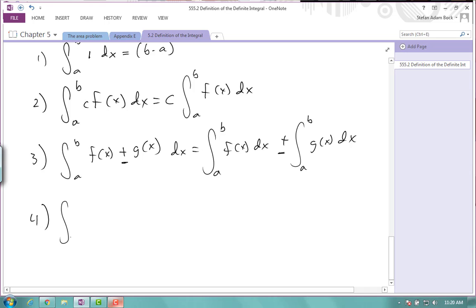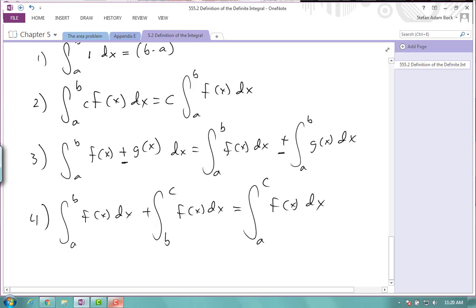So if I have the integral from a to b of f of x dx plus the integral from b to c of f of x dx, then this will be equal to the integral from a to c of f of x dx. Because here I started at a, went to b, and then started at b and went to c. So in the end I started at a and finished at c. And that's all that really matters in terms of the integrals.